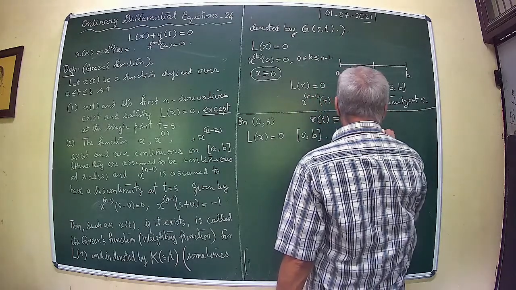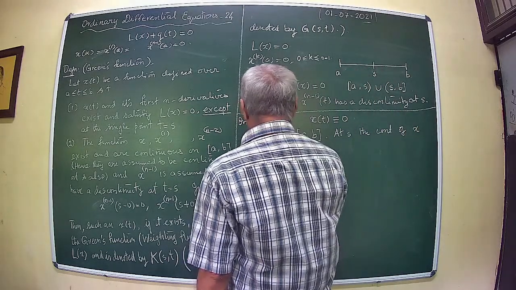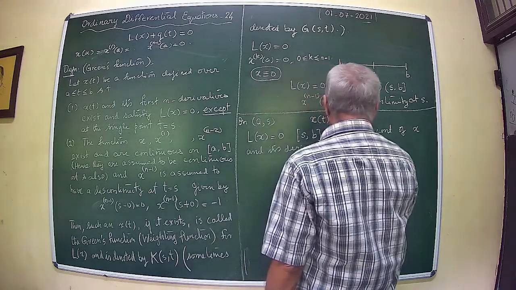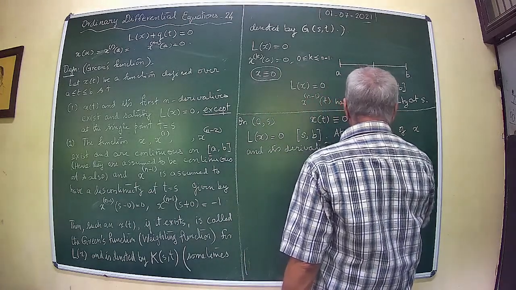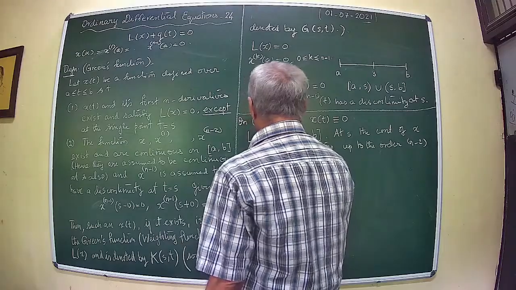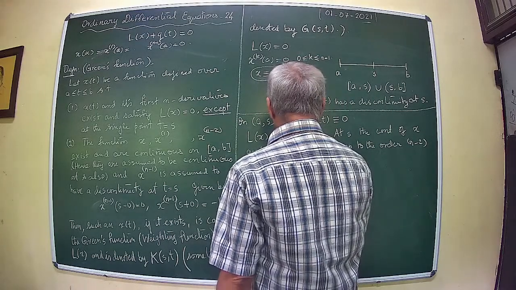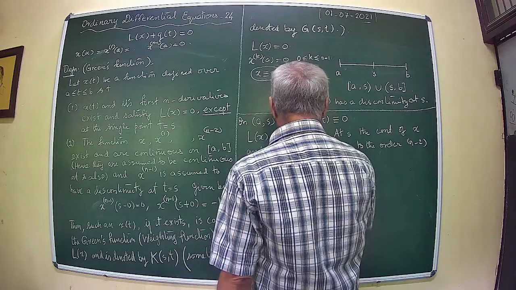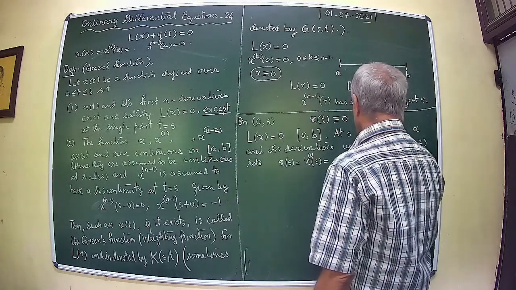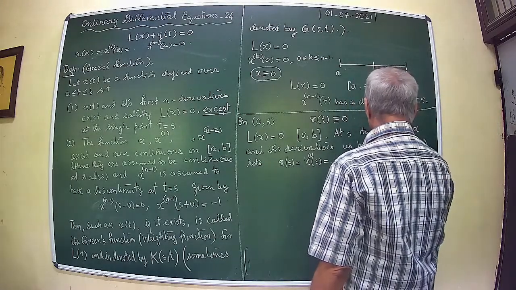The continuity of x and its derivative up to the order n minus 2 sets x(s) equal to 0, x derivative (s) equal to 0, and so on.